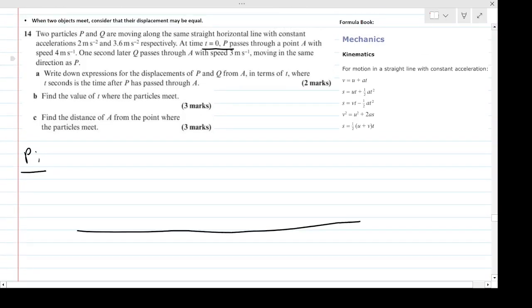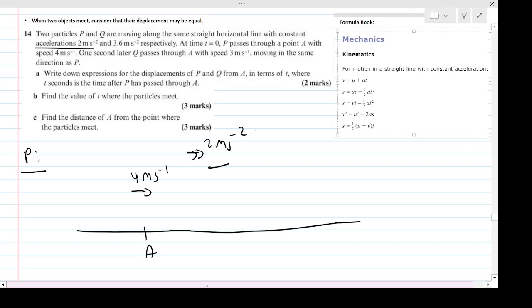initially at t0, P passes through A, so we start at this point A with speed 4, okay? We're also told the acceleration is 2, okay? And the good news is the acceleration is positive, so we don't need to consider if it moves backwards, because it will always just be moving forwards.